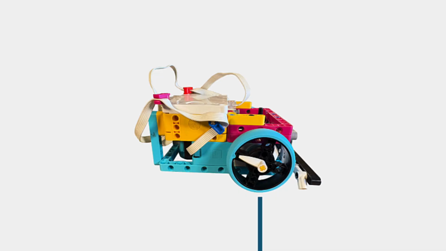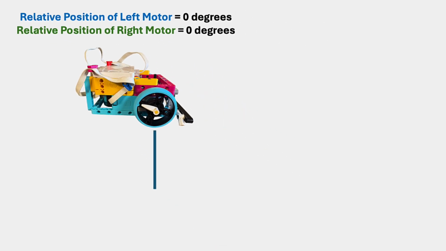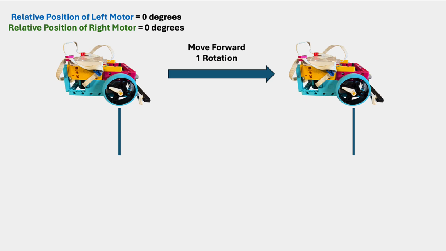So this is how you use the relative position of either the left or the right motor to determine the distance the robot has traveled. At the start, you set the relative position of both motors to 0 degrees. Then you make your robot move forward. In this case, we're going to make it move forward 1 rotation.